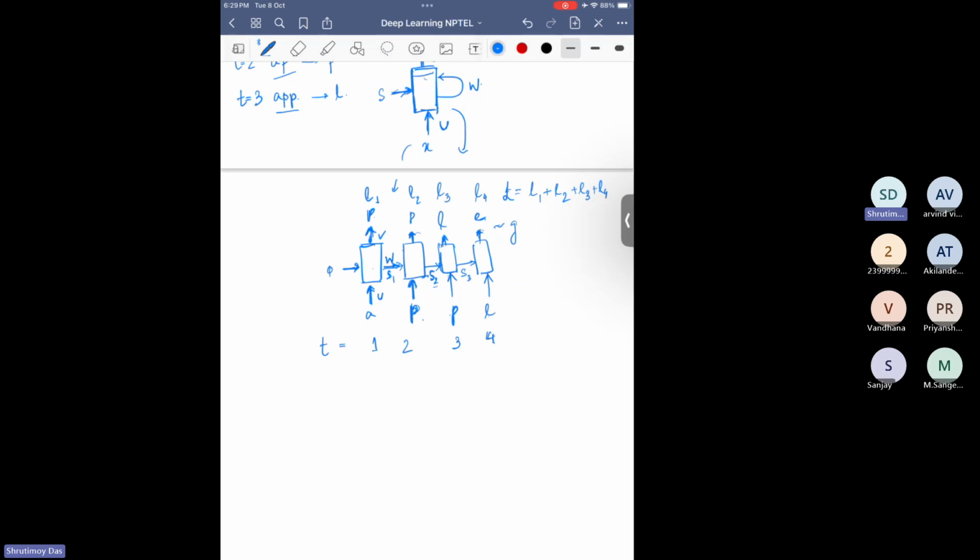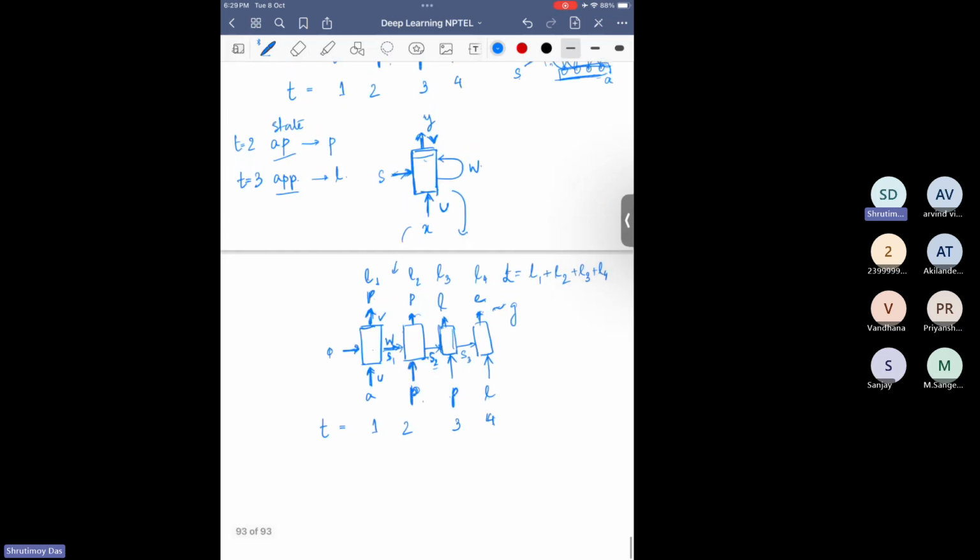So it will also be propagated to the second time step, and so on till the first time step. So that is what backpropagation through time means. You look at the loss, and using this loss, you backpropagate and update the parameters which you have across all the different time steps.